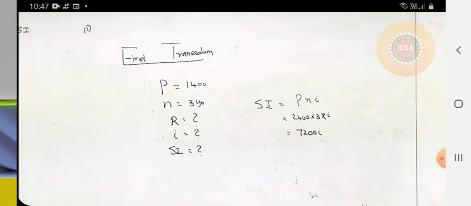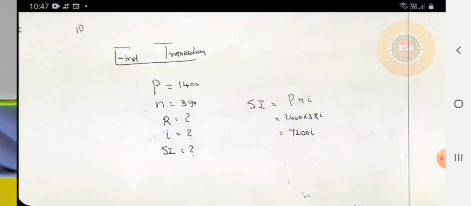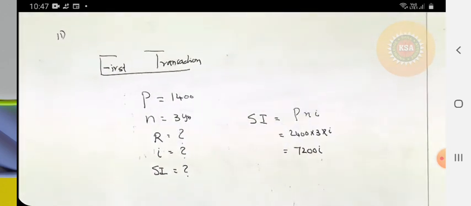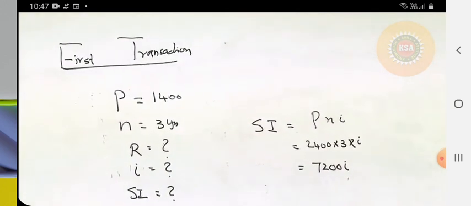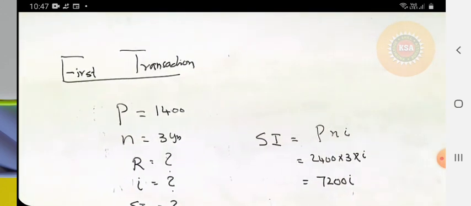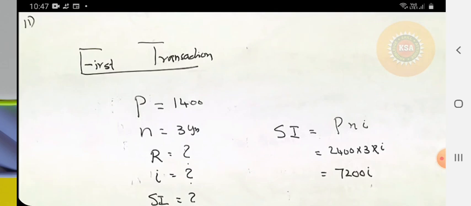First transaction simple interest you have to calculate. Second transaction simple interest you have to calculate. Second transaction is more. If you calculate, the difference is 80 rupees. Second transaction is 80 rupees more, first transaction is 80 rupees less.